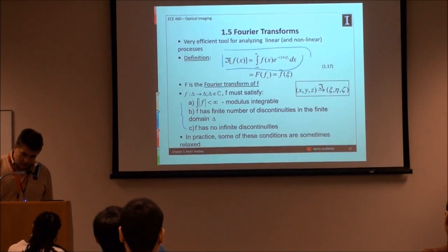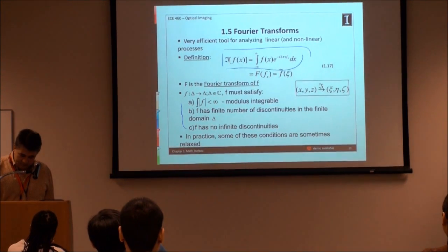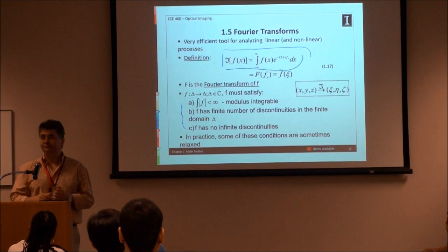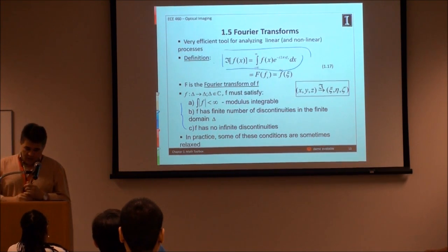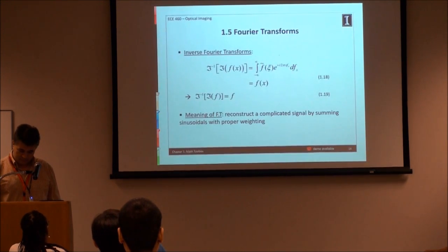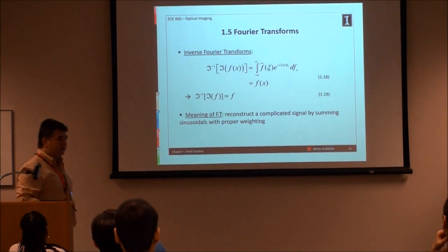So what I was asking you was, what happens if I take the Fourier transform twice? So the inverse Fourier transform changes the sign here, right? So if I take the Fourier transform, I change the sign here to a plus. By the way, the plus and minus is a convention thing.